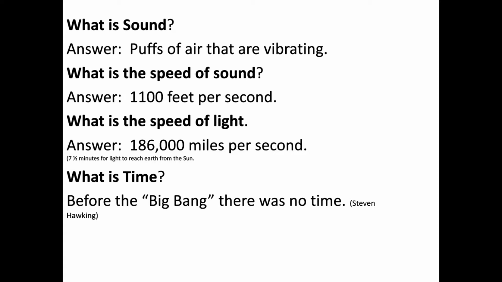But we won't hear the sound of the lightning, the thunder, we call it, for several seconds. And you can actually count from the time you see the light, 1, 2, 3, and multiply it by 1,100, and you'll know how far away that lightning strike was.